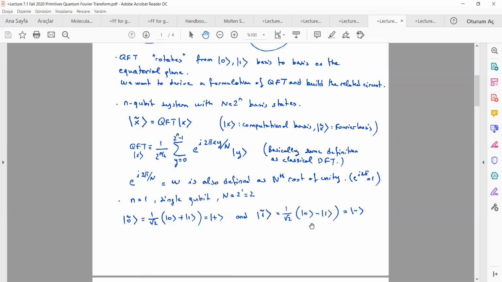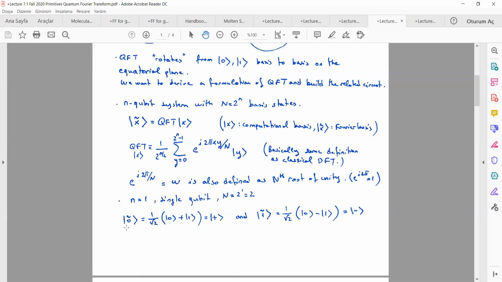Similarly, if you apply this quantum Fourier transform operation to the ket 1 state, you would obtain 1 over square root of 2 times ket 0 minus ket 1, which was the ket minus state. So this Fourier transform, as we discussed, for the case of a single qubit acts like the Hadamard transform.